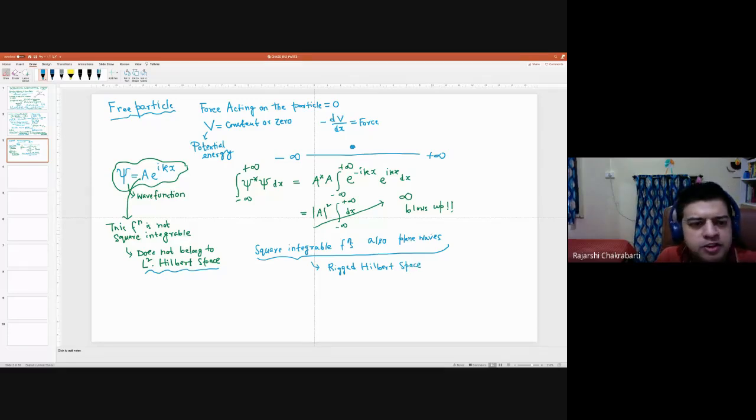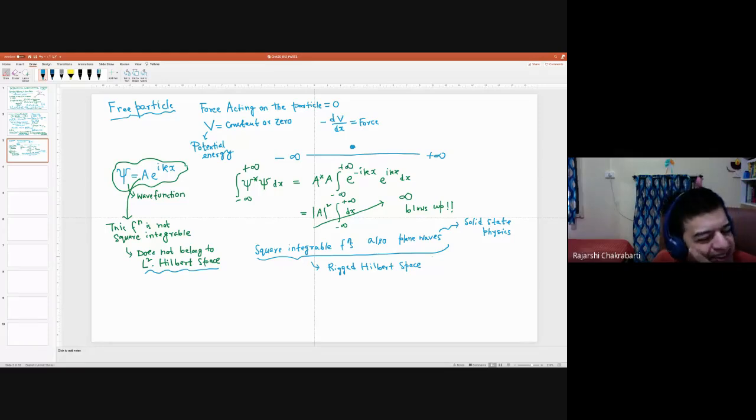And this plane wave, exponential of ikx, you'll see physics uses a lot, for example in solid state physics. And they form a different type of normalization, called delta function normalization, which we will not do.